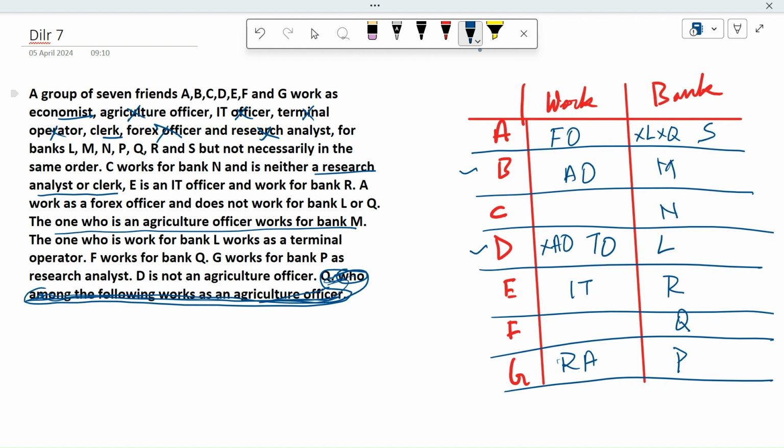C works in N and is neither a research analyst nor a clerk. So it is economist, because only two are left, clerk and economist, and C cannot be clerk. So obviously C is economist, and the other, F, is a clerk.